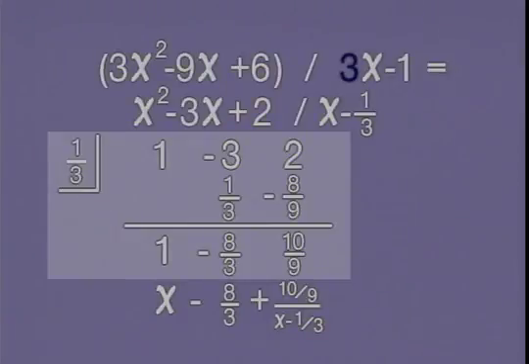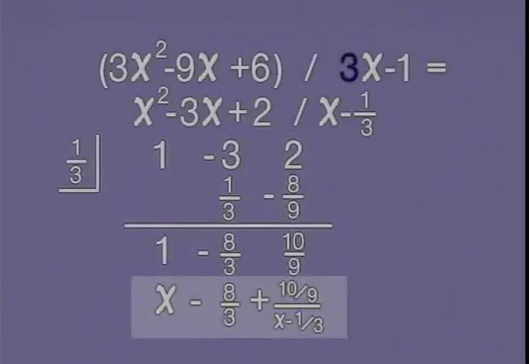That is negative 9/3 plus 1/3 is negative 8/3. We multiply the negative 8/3 times 1/3 and get negative 8/9. We add the 2, which of course would be 18/9, and the negative 8/9 and get 10/9. That's our remainder. And thus the answer, x minus 8/3 plus the remainder 10/9 over x minus 1/3.